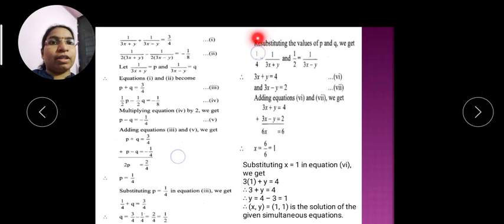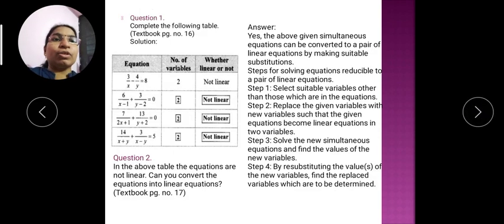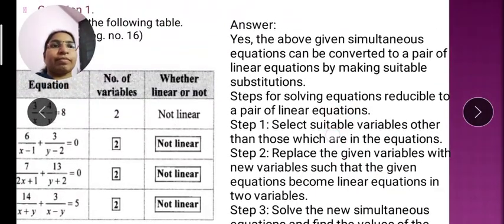No. 1 upon 3x plus y and 1 upon 3x minus y. No, this is not a linear equation in two variables. Therefore, make it by substituting 1 upon 3x plus y is p and 1 upon 3x minus y is equal to q. After substituting the value, we convert that equation into a linear equation. So, these are the steps.